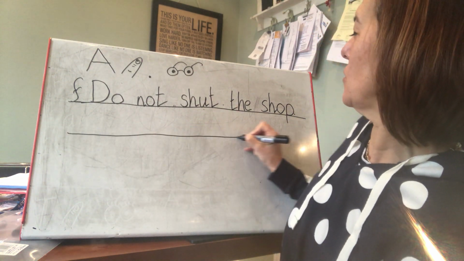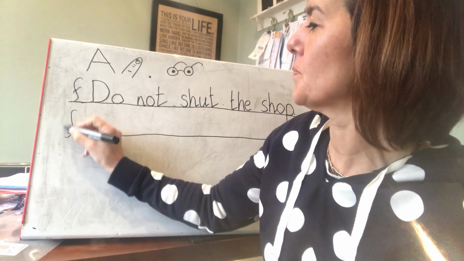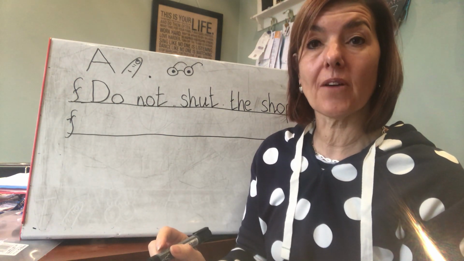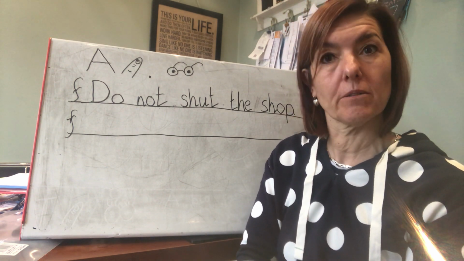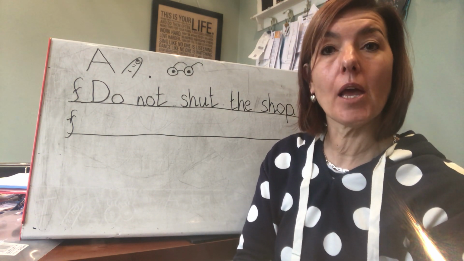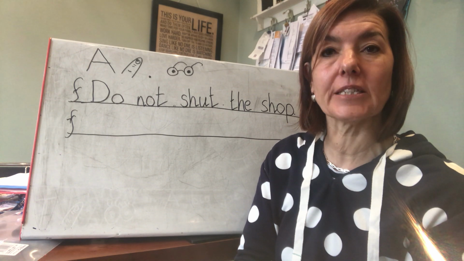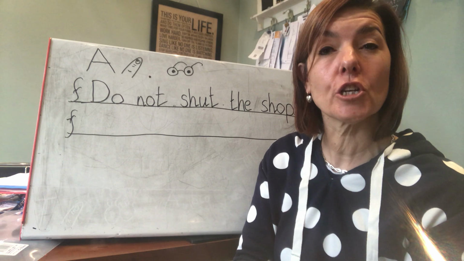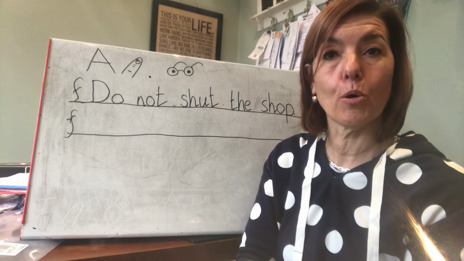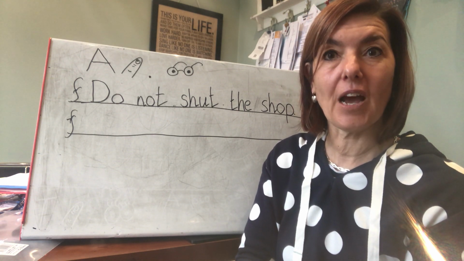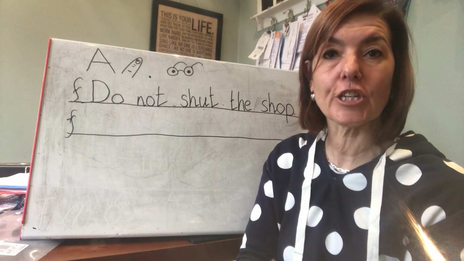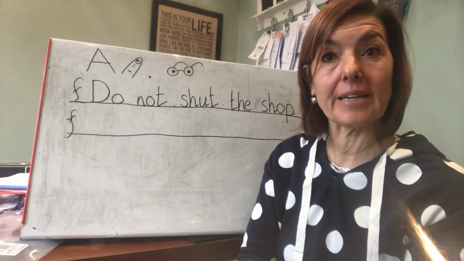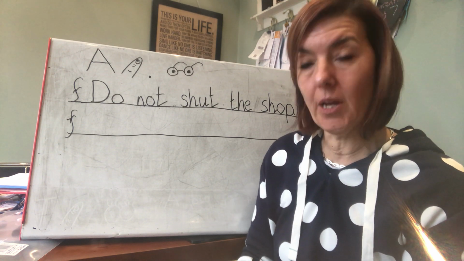Right, I did tell you there was 2 sentences. And the next sentence is, I want fish and chips. Should we say it together? I want fish and chips. I can hear a sh sound and a ch sound. So pause the video and write, I want fish and chips. Okay, did you do that one? Let's do it.